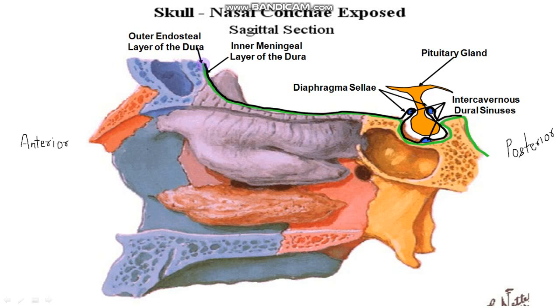The green color lining of the dura mater is the outer endosteal layer of the dura mater, which is tightly adherent with the floor of the cranial cavity here. And this black color is the inner layer.